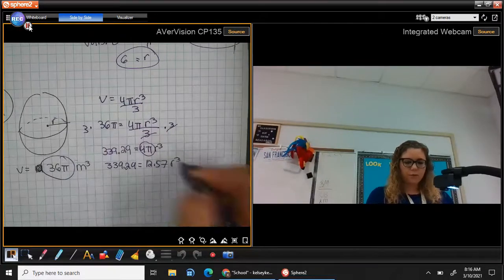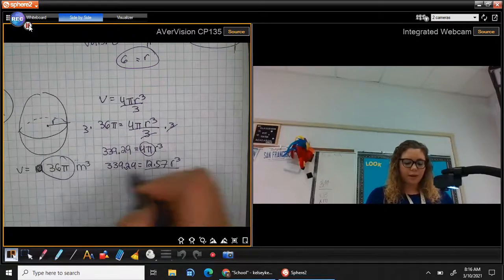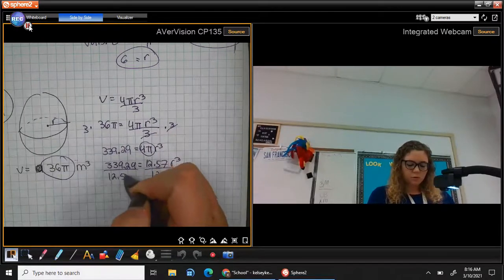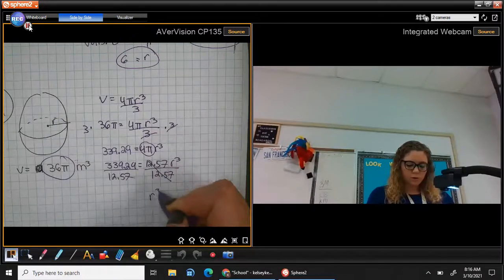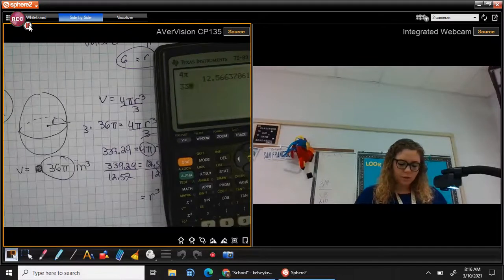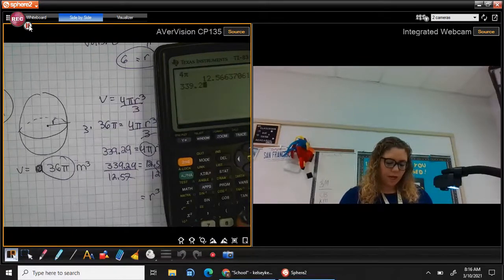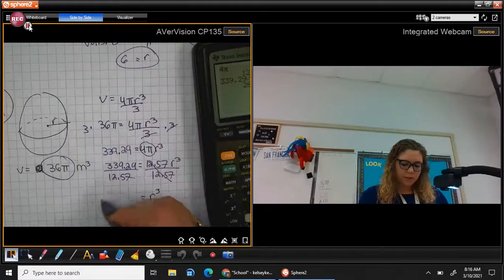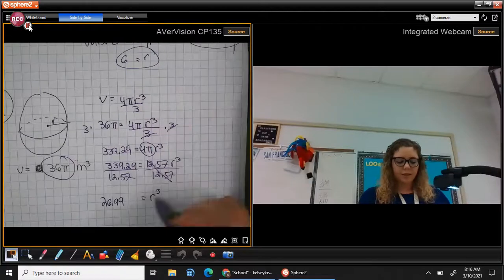R cubed. Okay, next up, divide by that. So r cubed equals, okay, 339.29 divided by 12.57. It's going to give you 26.99. And lastly, take the cube root.